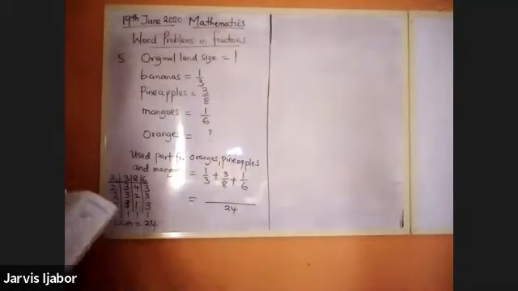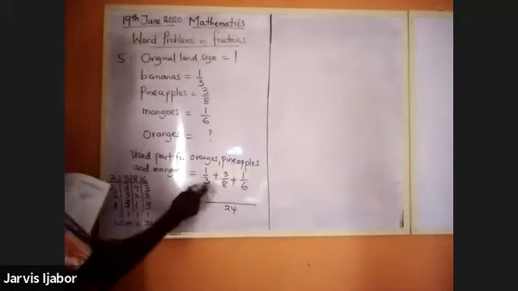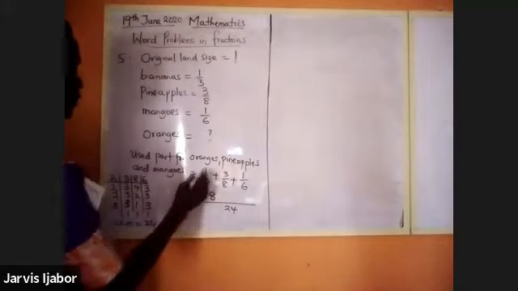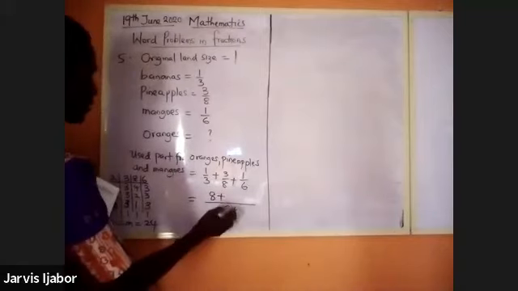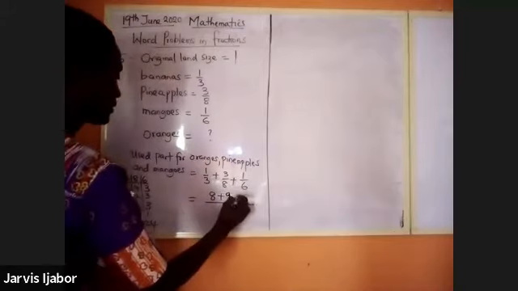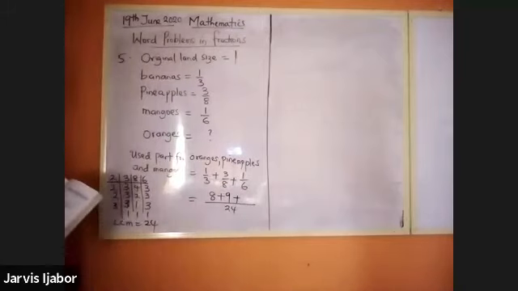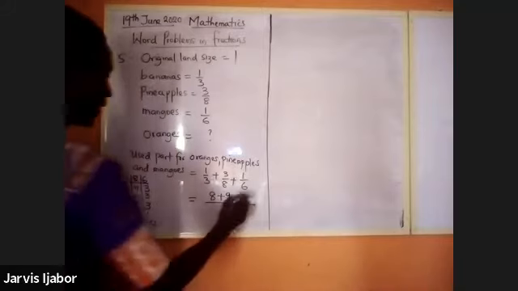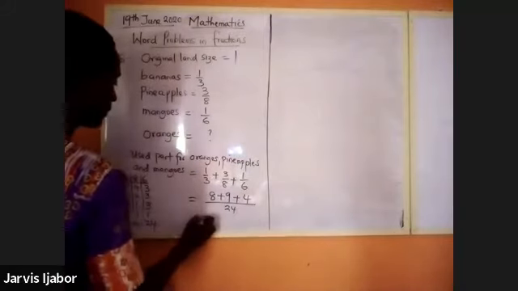And so with that, 24 divided by 3 will give you 8 times 1, 8 plus 24 divided by 8 is 3 times 3, 9 plus 24 divided by 6 is 4 times 1, 4.